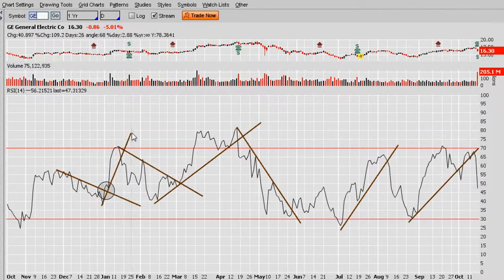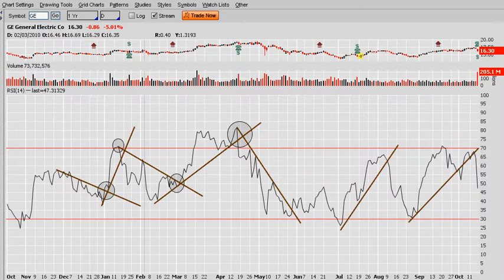We'd go until the trend line is broken, and we would sell here and then sell short until here, where we would buy back again, get back into the market.